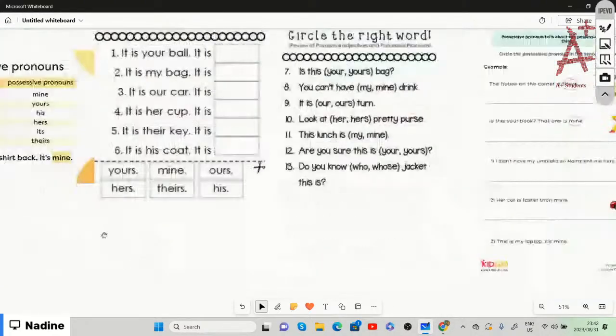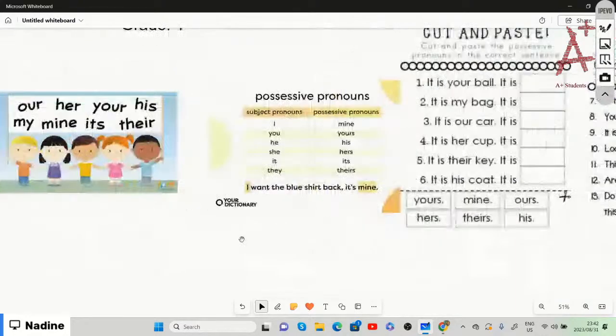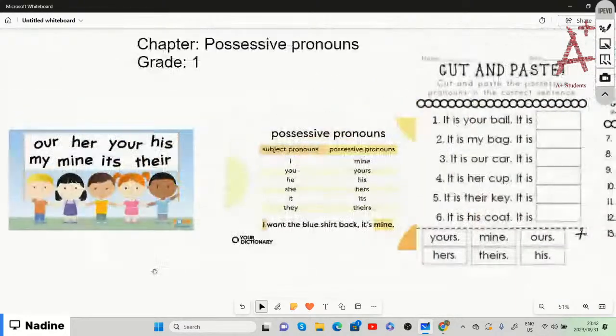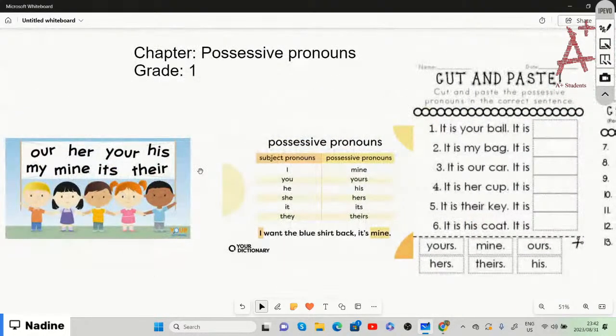All right. Sorry. So basically, if we go back to what the possessive pronoun is, a possessive pronoun shows mine, yours, his, hers, its, and theirs, right? And it also shows ours.